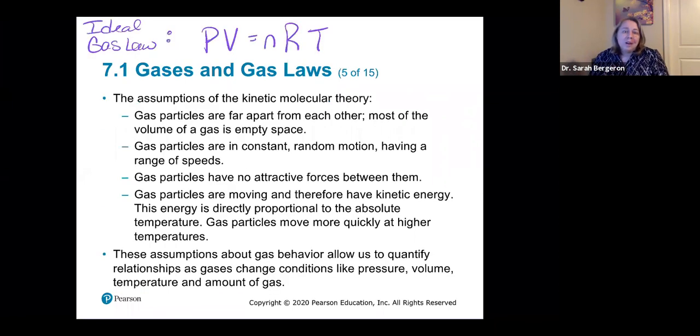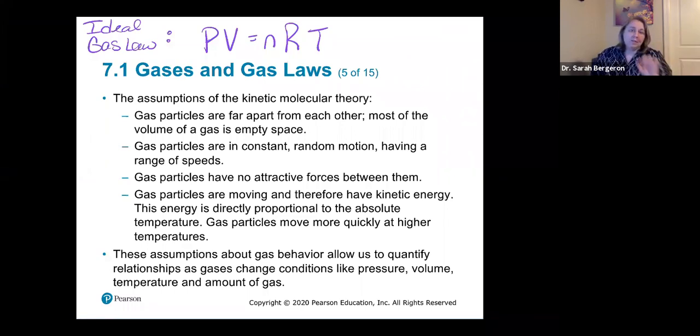So if you look at our ideal gas law, there are some assumptions. Gas particles are far apart from each other. And that's true, right? In gases, those molecules are the farthest away. If you compare them to solids and liquids, those particles are really far away. So most of the volume of a gas is really empty space. We know that gas particles are moving a lot.